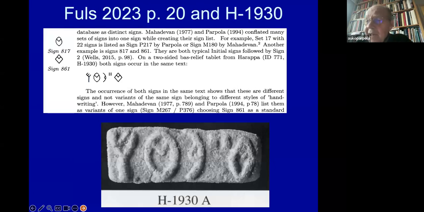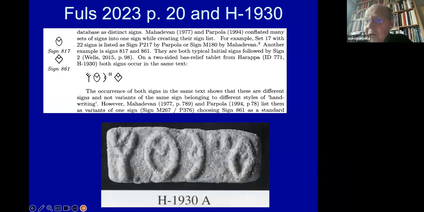Mahadevan and Parpola have taken the two signs shown here in the margin of the page as allographs, or one grapheme, because they resemble each other and occur very frequently in similar contexts.